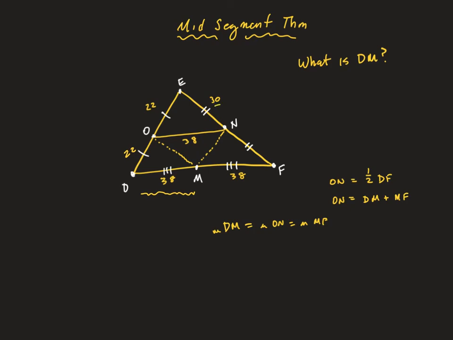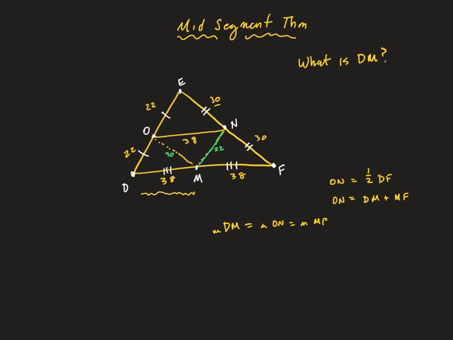If EN is 30 and N is a midpoint, then NF should also be 30. And then MN is 1/2 of ED, which is going to be 22, and OM is 1/2 of EF, which is going to be 30.